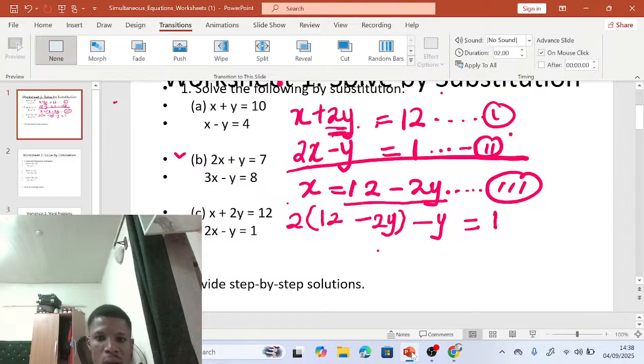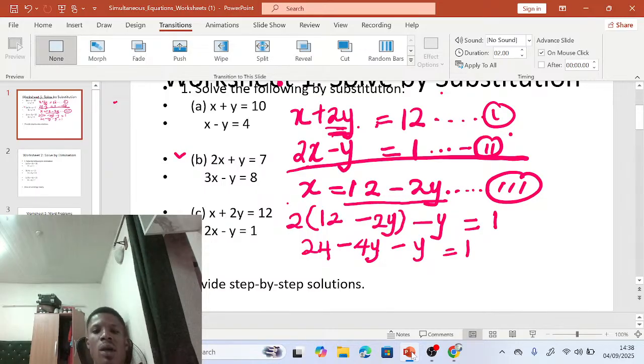Okay, so 2 times 12 is 24. Then minus 2 times 2y is minus 4y, and that's minus y is equal to 1. So if you have this now, it is very, very easy to do.